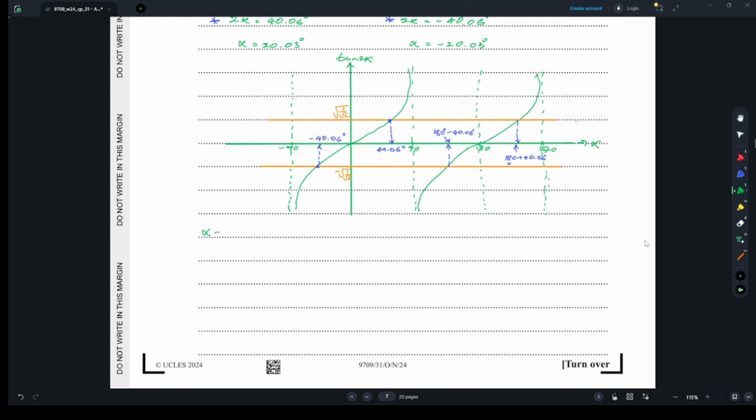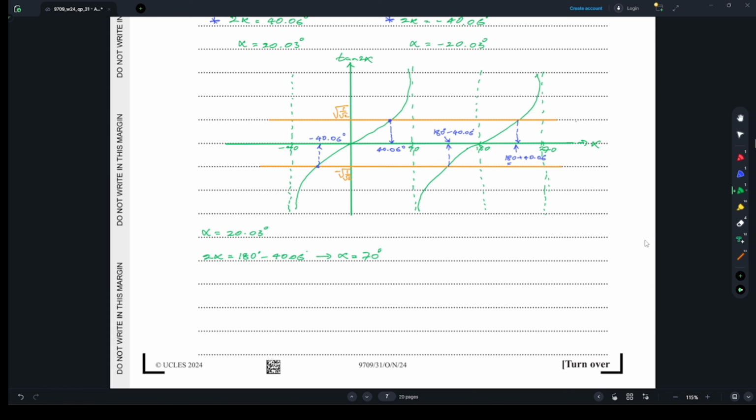One answer is alpha equals 20.03, and the second answer is 2 alpha equals 180 minus 40.06. From this one you will receive alpha equals 70 point something, because 180 minus 40 is 140, divide by 2, it's around 70.